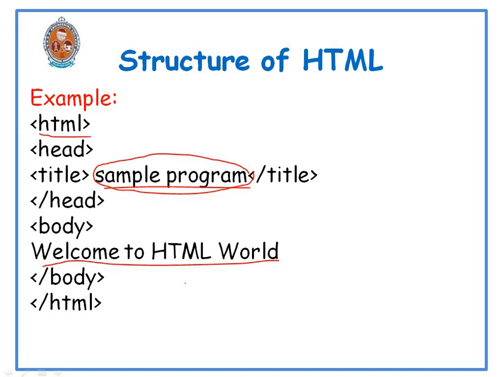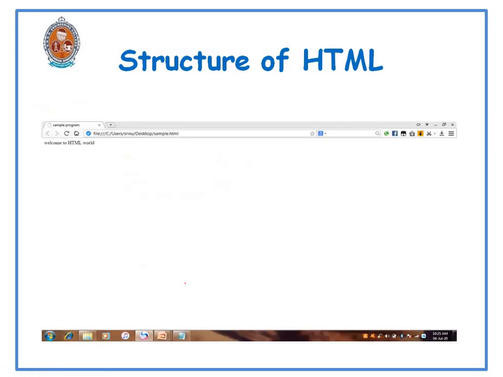After executing this program, we will have some output. That output can be shown on the next slide. So this is the output screen for the previous program. Here we have the title, sample program. So whatever text is written inside the title tag can be displayed here on the top of the document.